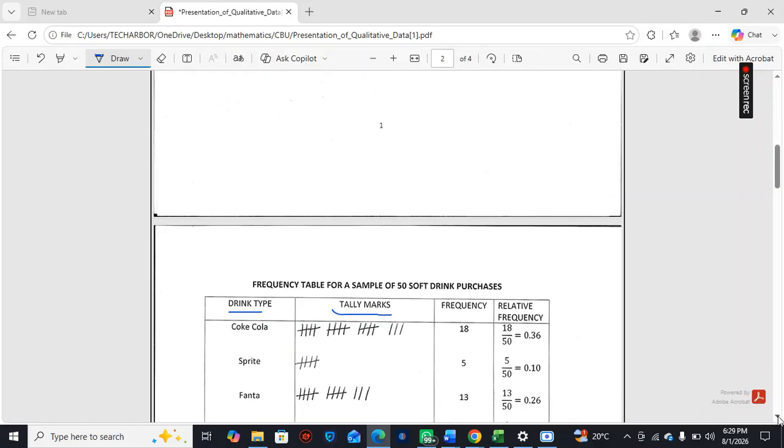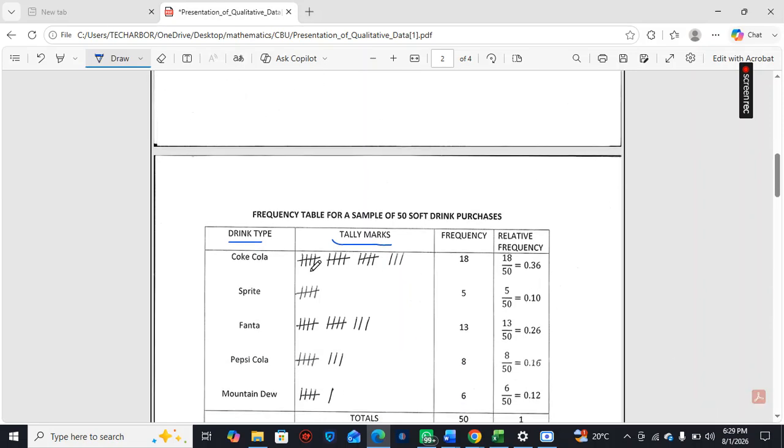So here, for the Coca-Cola, as you can see, we have 5, 5, 5, and 3. So the frequency is 18. Basically there were 18 Coca-Cola purchases from that sample of 50 drink purchases.